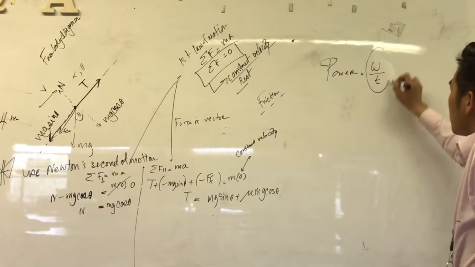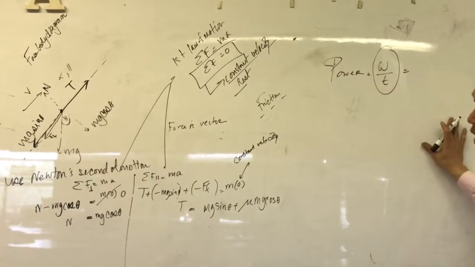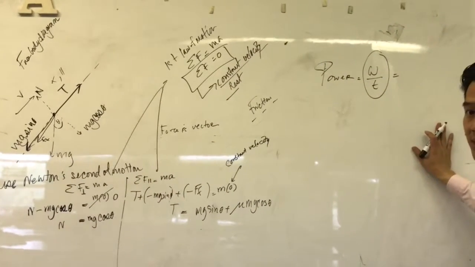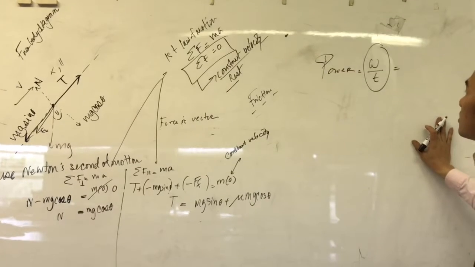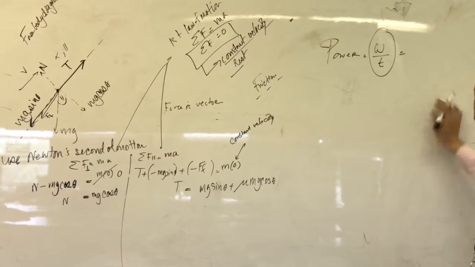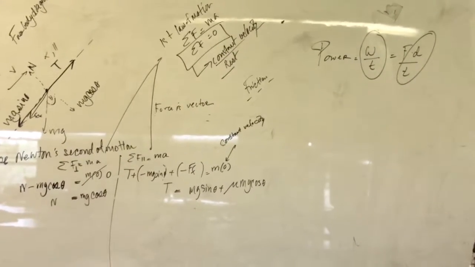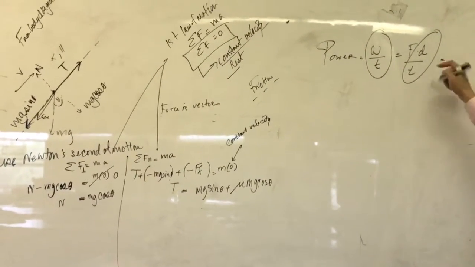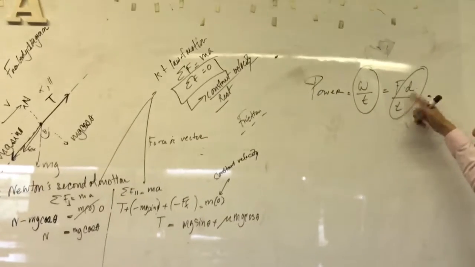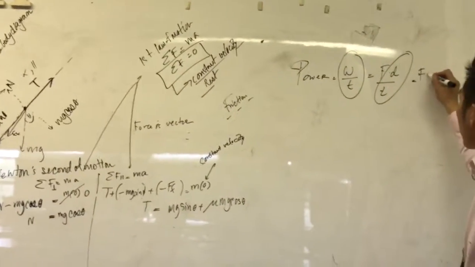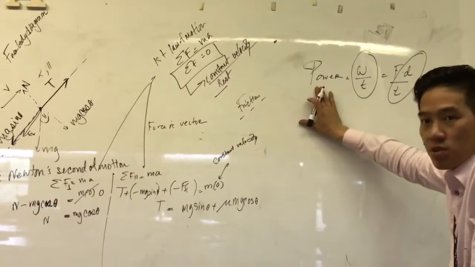And work is equal to force times distance, then over time. From earlier, velocity is equal to distance divided by time. That makes force times velocity equal to power.